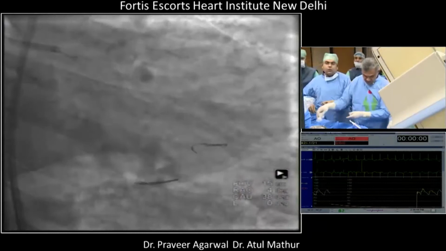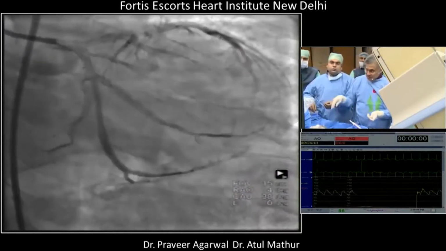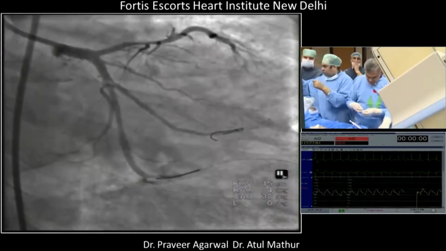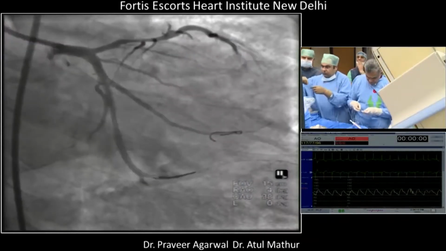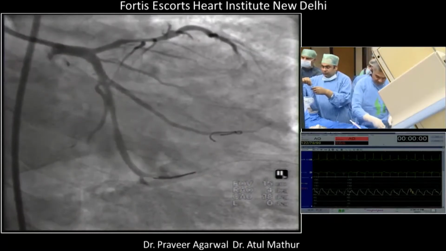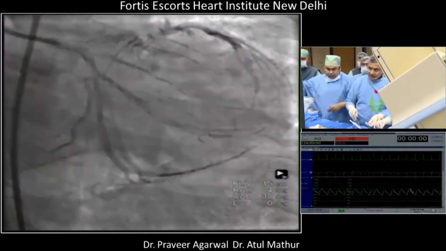So there is some filling defect in the bifurcation area. Yeah, that's all marked there. So the only problem is, did we cover the ostium, Manish?